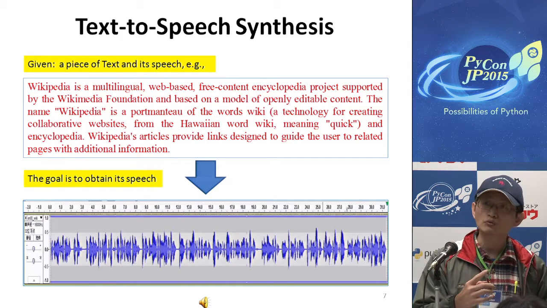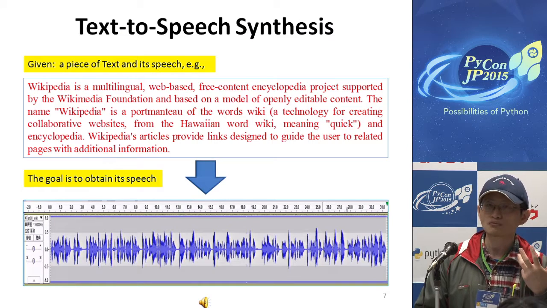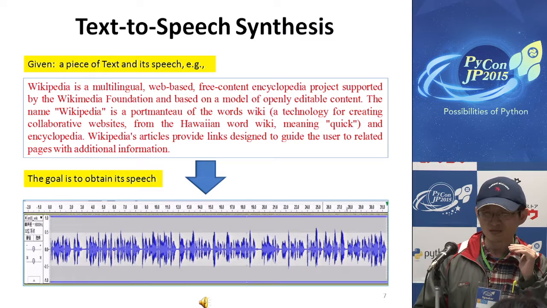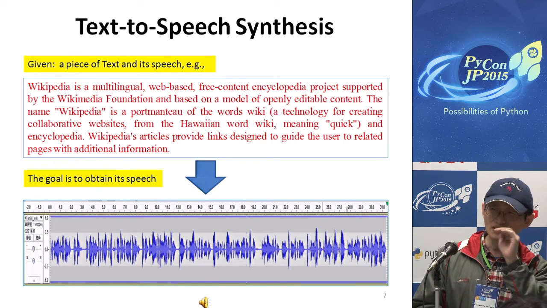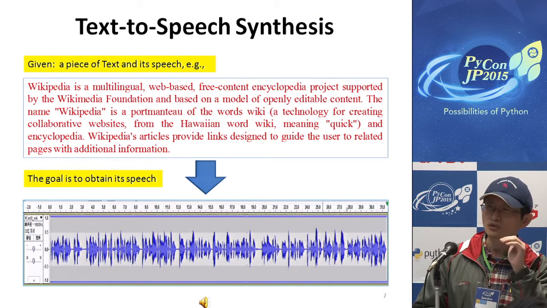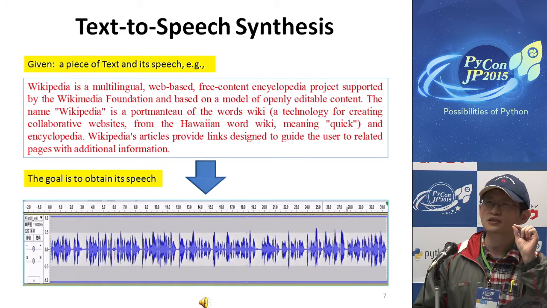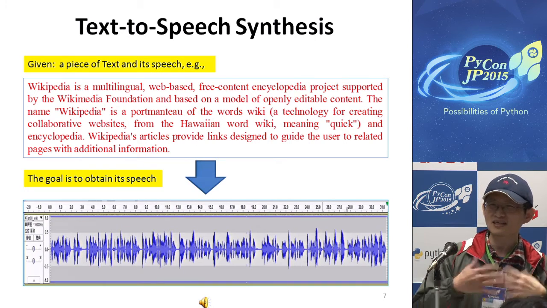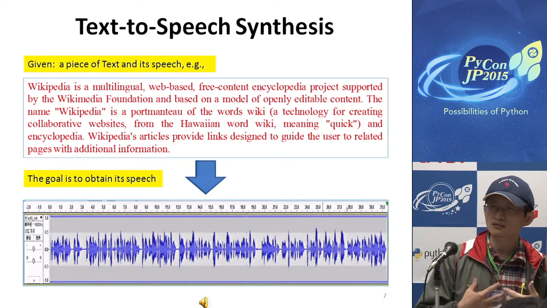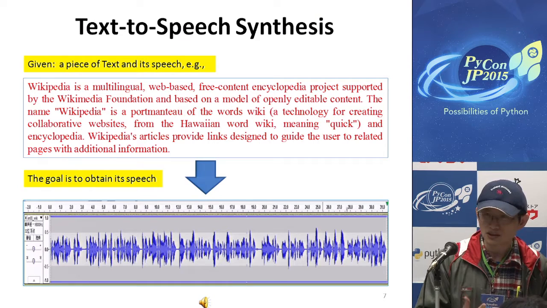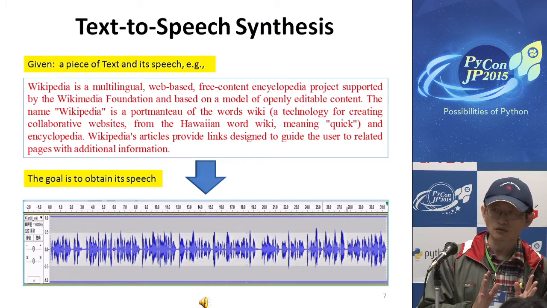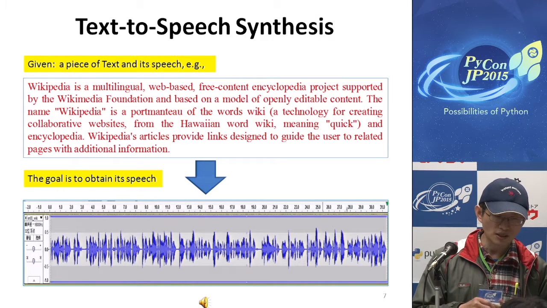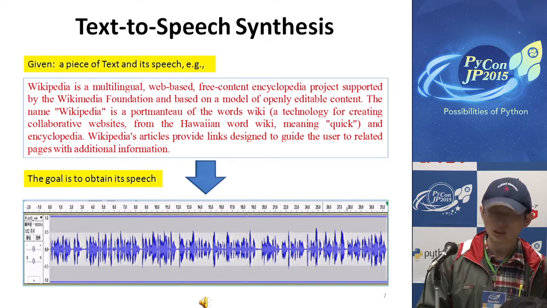The first thing is we need to get the read-aloud speech, with exactly those sounds, and the speech must be of good enough quality. Perhaps we do not expect it to be as natural as a human speaker, but if it is good enough, I think that is good for foreigners to learn the language. So the first step is that we need to get such speech.